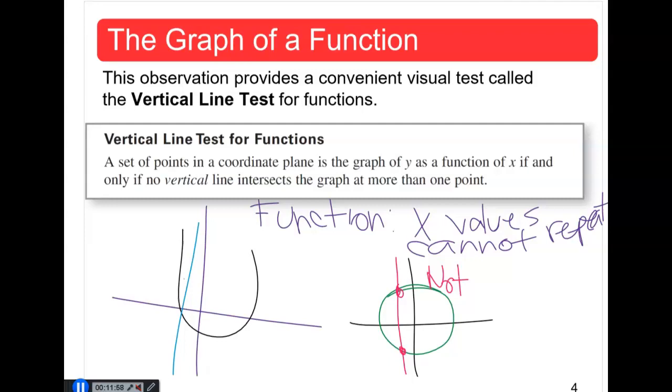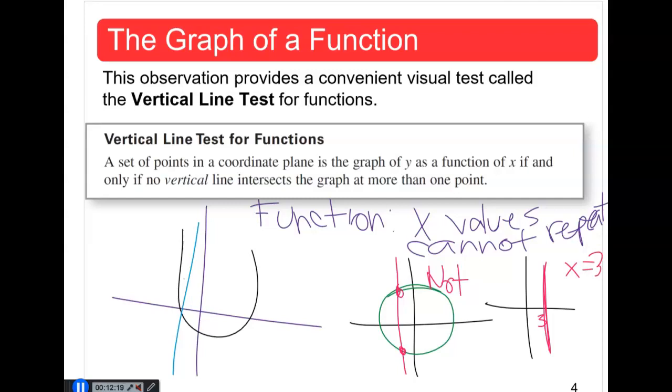Let's do another example. So if we have a vertical line, for example, like the ones with the equation, let's pretend this is a number 3. So the equation will be x equals 3. We covered those in a previous section.